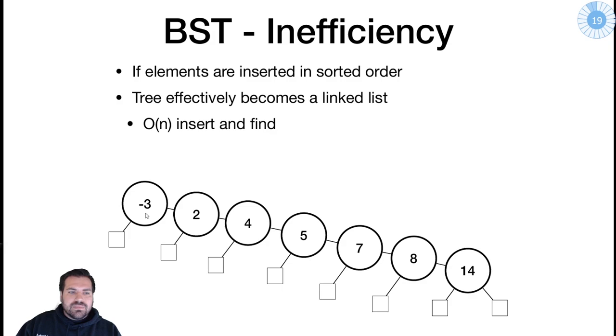So if we have something like this, by the time we insert this 4, these self-balancing algorithms, I think at the 4, I don't recall exactly off the top of my head, but when this 4 is inserted, for example, assuming we didn't insert any of these yet, what you can do is have a self-balancing tree rotate these nodes so that 2 becomes the root, -3 becomes 2's left child, and 4 is 2's right child.